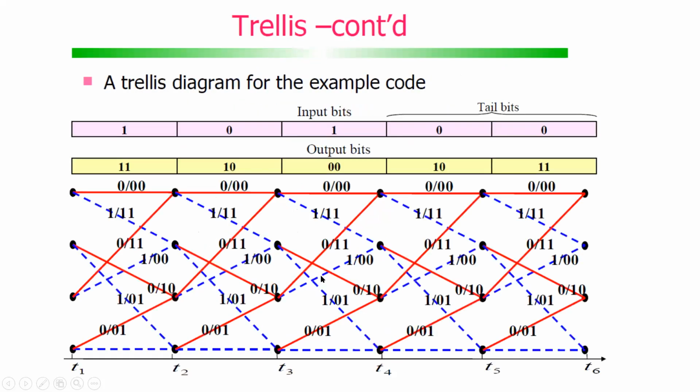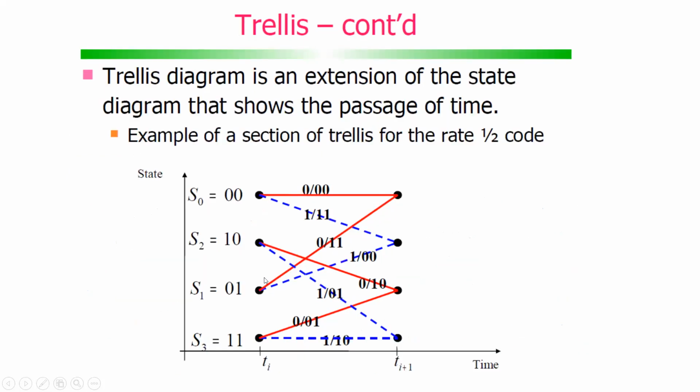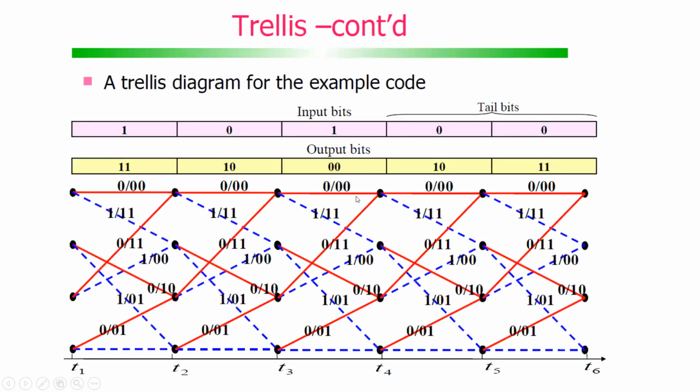Right? Now let me come to this point. This first portion going from T1 to T2 is whatever is drawn here. Now, in the same way, you have to go from these dots, which represent the same states, S0, S2, S1, and S3. If you go from T2 to T3, again the same procedure. T3 to T4, again the same procedure.